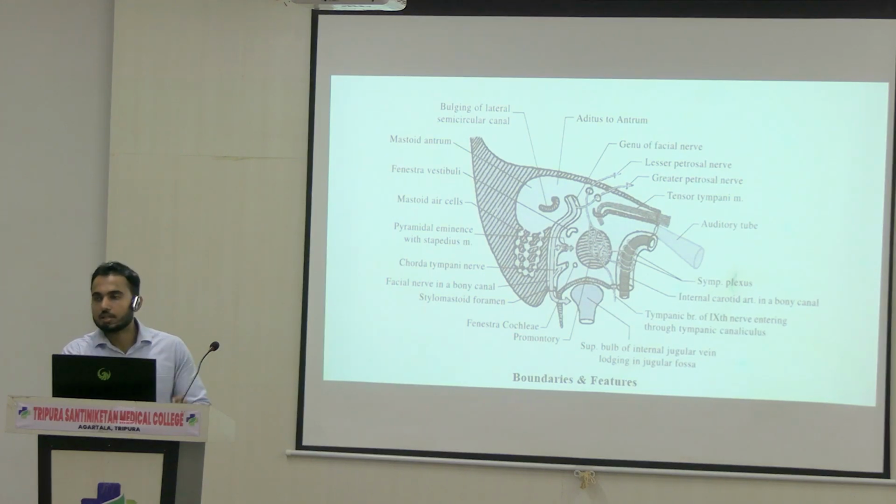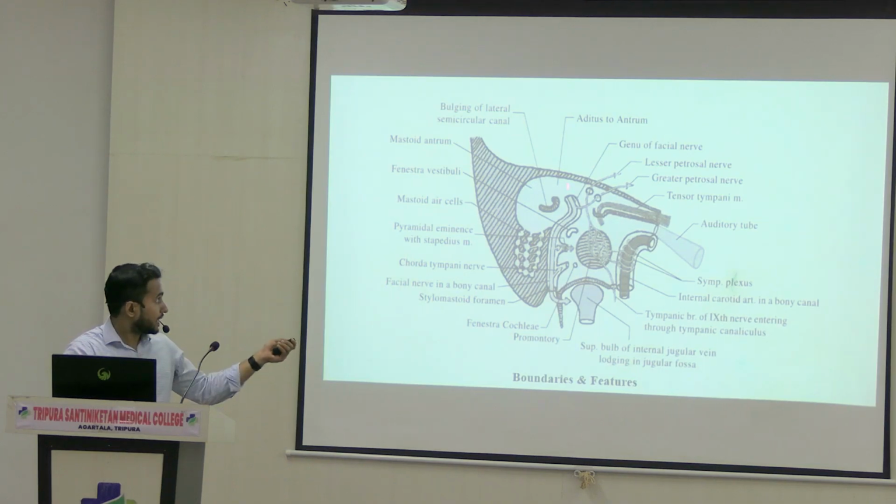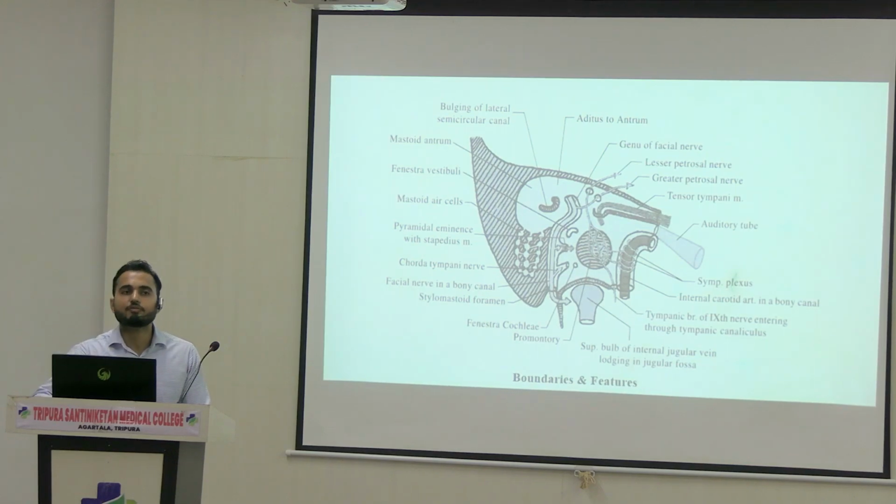Now, the tegmen tympani is separating the middle ear cavity from the middle cranial fossa. Just above that, the middle cranial fossa is there, and in the middle cranial fossa some part of the brain is situated.